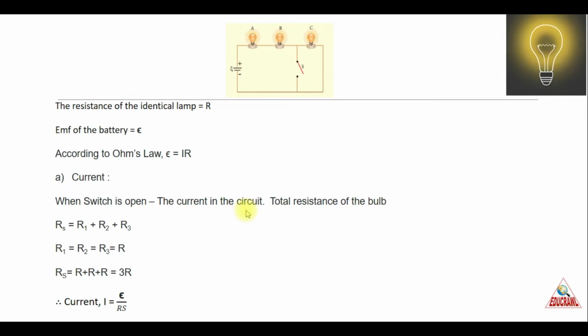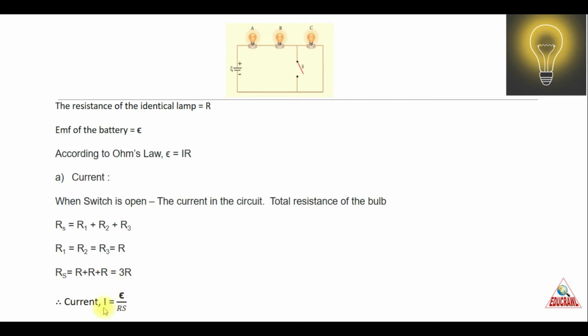First, before finding the current, we will find the total resistance. The three resistances are connected in series. So for the total resistance we use the series formula: Rs is equal to R1 plus R2 plus R3. Here the three values of resistance are equal, that is, R1 is equal to R2 is equal to R3 is equal to R. So the total effective resistance Rs is R plus R plus R, which is equal to 3R.